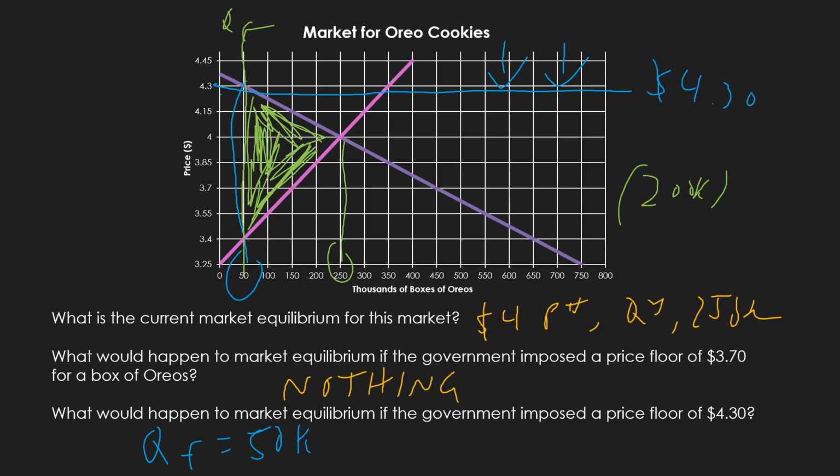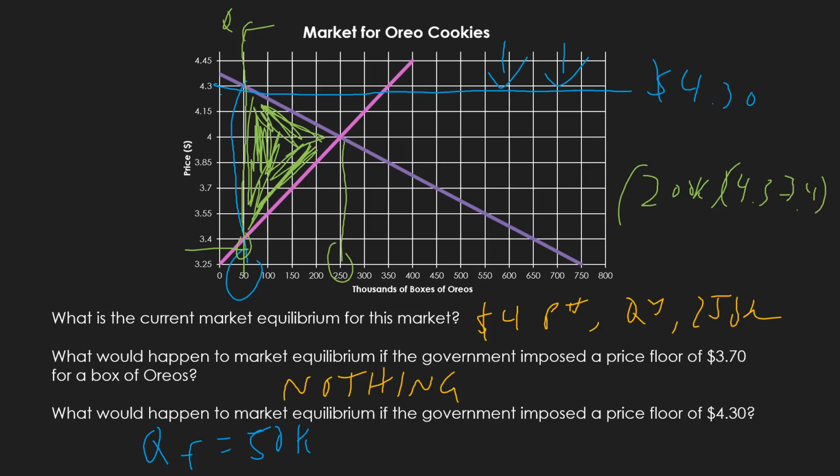Now the difference between PD and PS is the other half of this equation. PD is just going to be the price floor, which is 4.3, minus 3.4, because this is where the supply curve intersects the QF line. So 3.4.